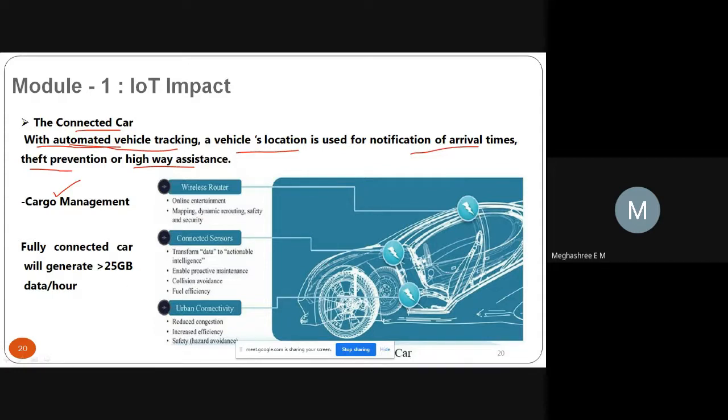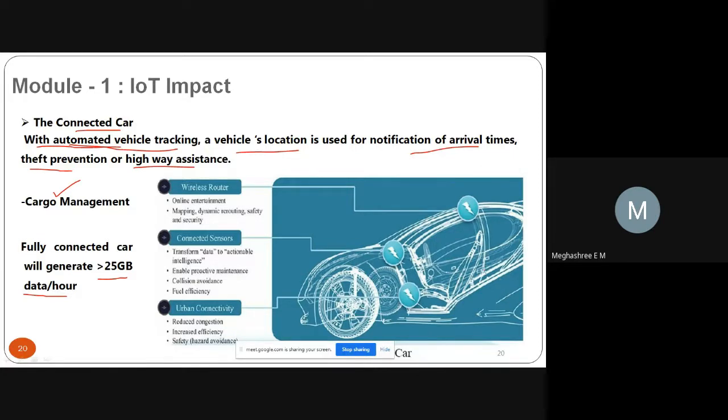Okay, since it is a connected car, that means it is connected to the IoT, it may generate 25 GB of data per hour. Why is that so? Because I deployed many sensors in the car.